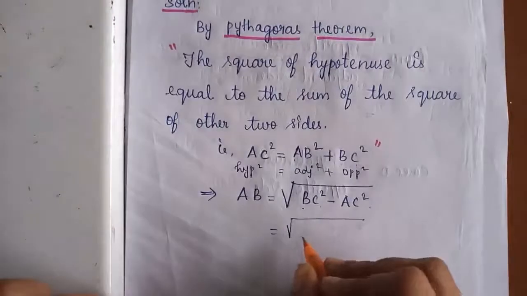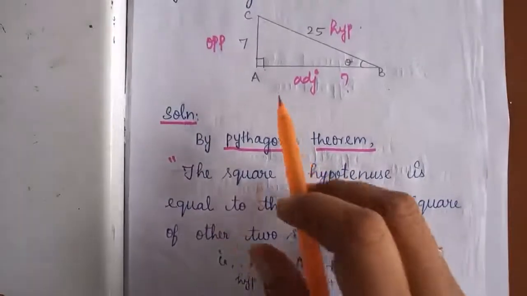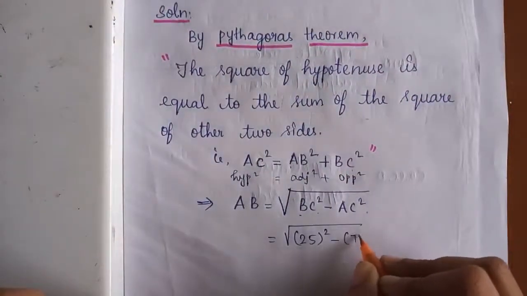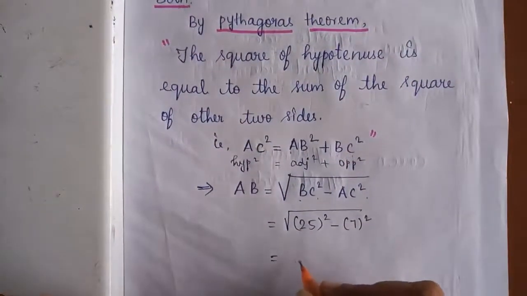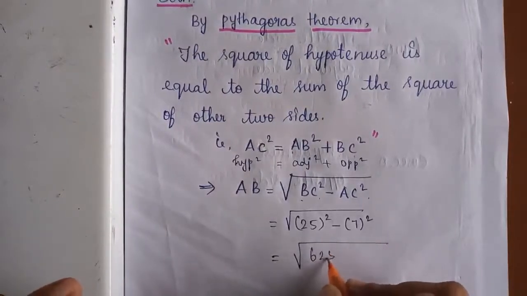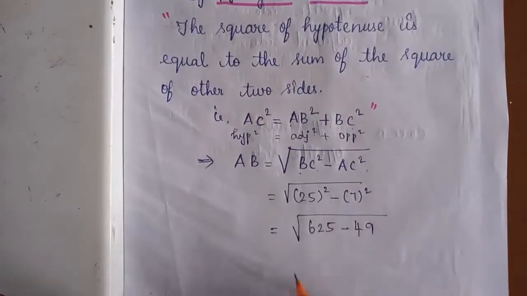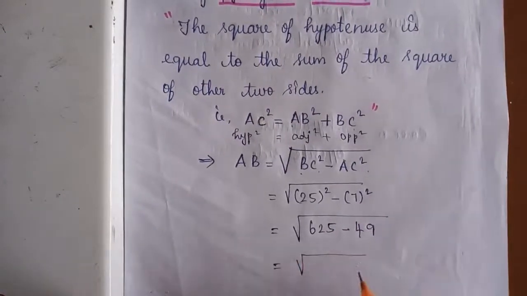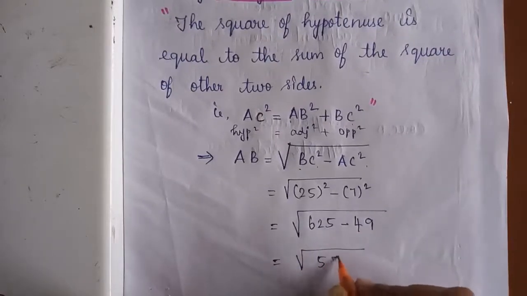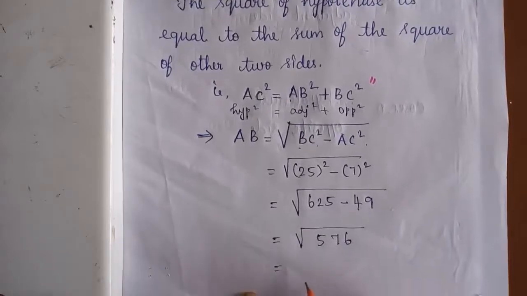So 25 square minus the value of AC is 7, so 7 square, which is equal to root of 625 minus 49, which is equal to root of 576, which is nothing but 24 square.